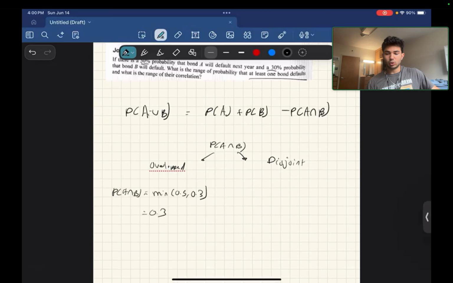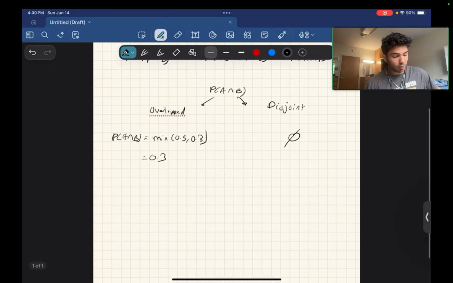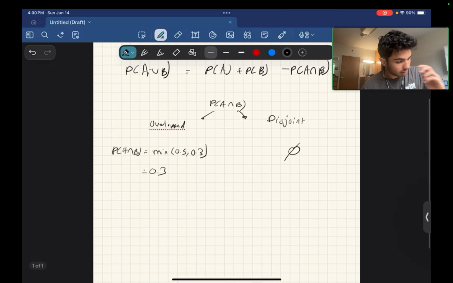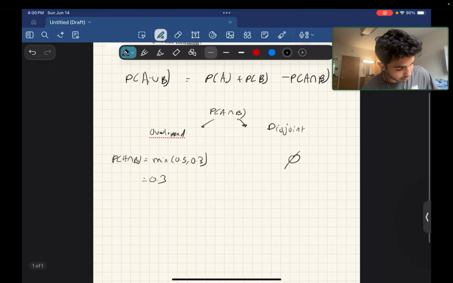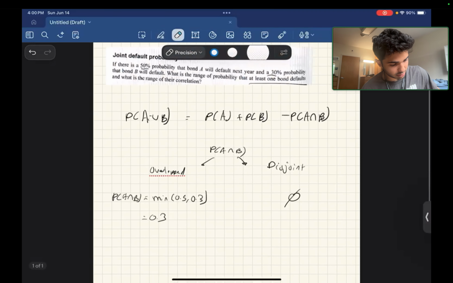And now in the disjoint case, where they cannot both occur at the same time, the probability of A and B must be equal to 0. Now we plug these into the probability of A or B. We get probability of A plus probability of B, so probability of A was 0.5.